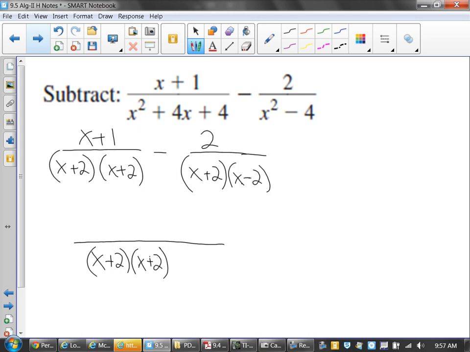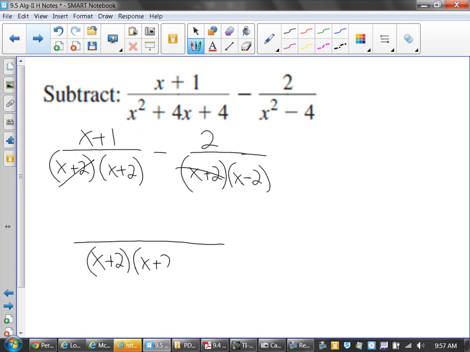Here's a little trick. Since they both have an x plus 2 in common, and I've already written down the common one, I'm going to cross off that I wrote down the common. It's already there. Since it's common, we cross off one of each of them. What's left?